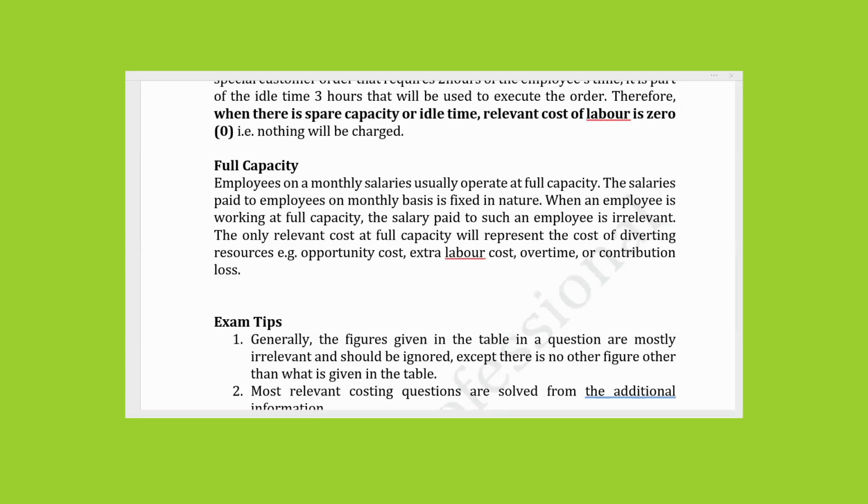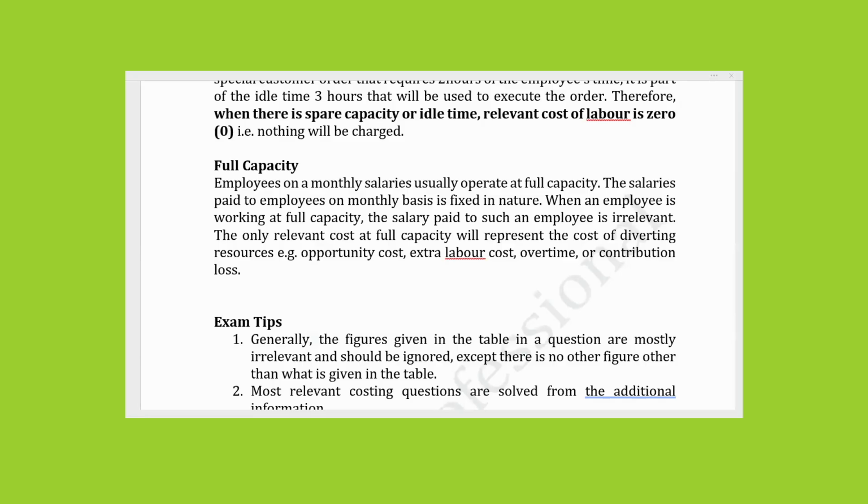All right. So let's say, for example, you have determined relevant cost of material. You have material A and B. Relevant cost of material A is 50,000. You are now told that material B is in the warehouse and it can be disposed of at 10,000 naira.